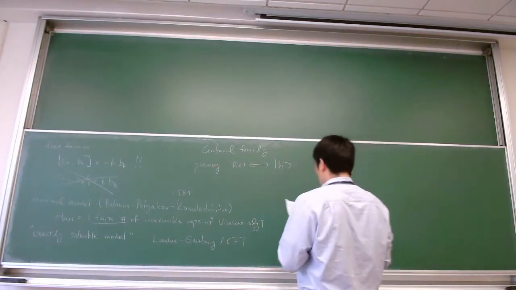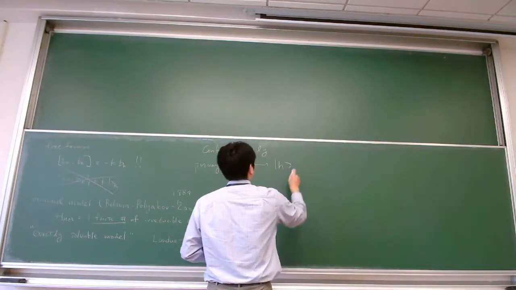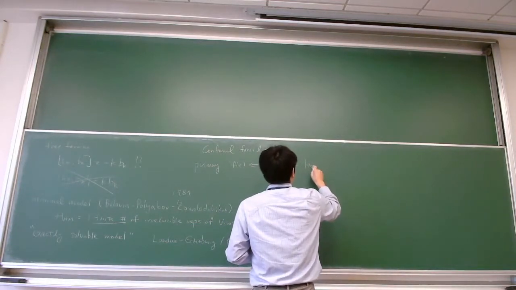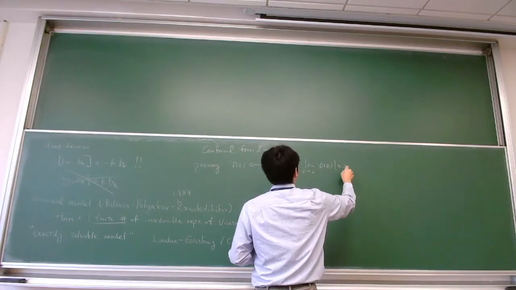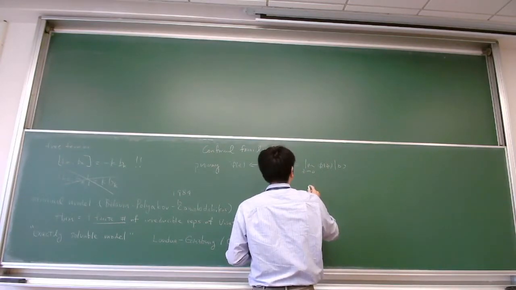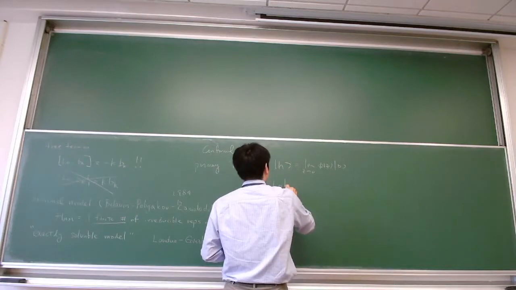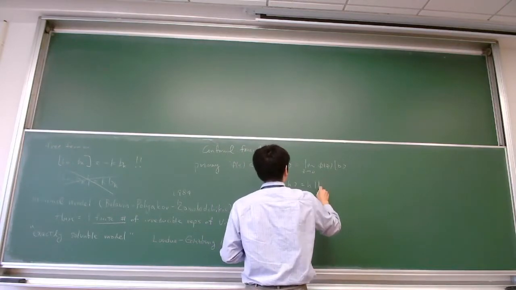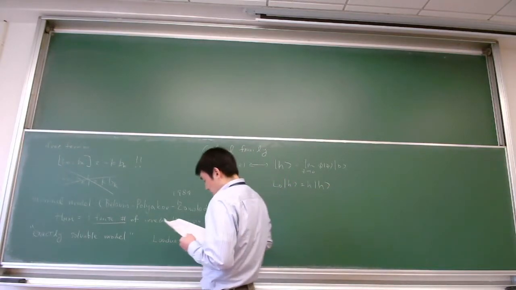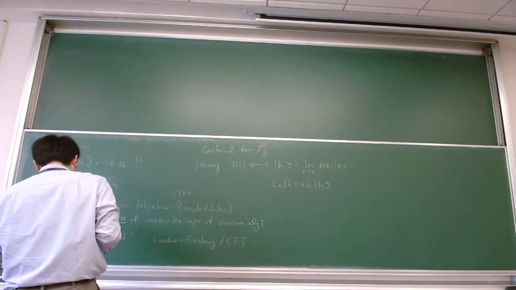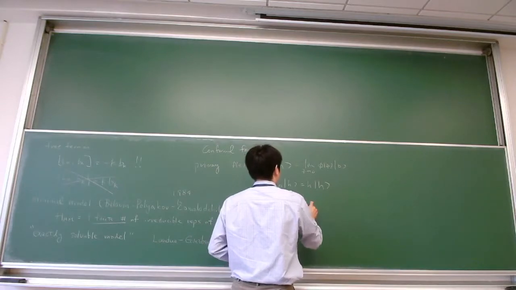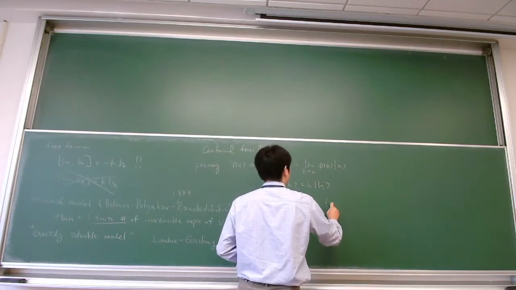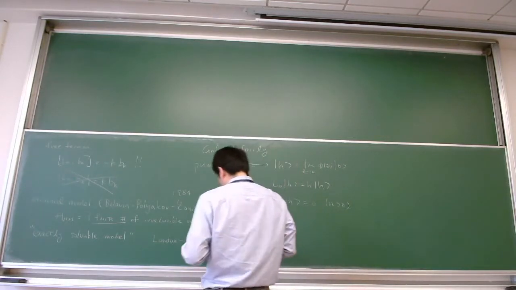The state |h> is defined by the limit z goes to 0 of phi(z) acting on the vacuum, and L0 acting on |h> is of course h times |h>. Also, Ln acting on |h> is equal to 0 if n is greater than 0.